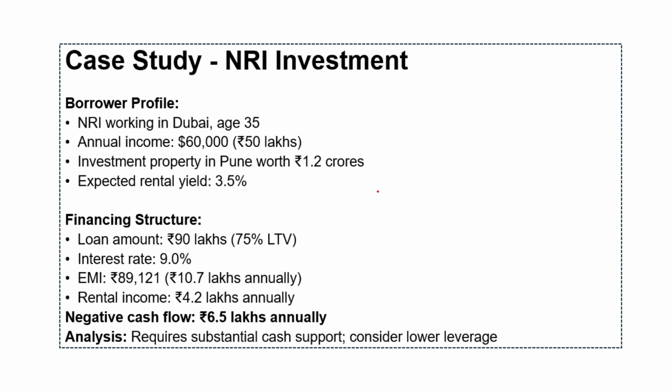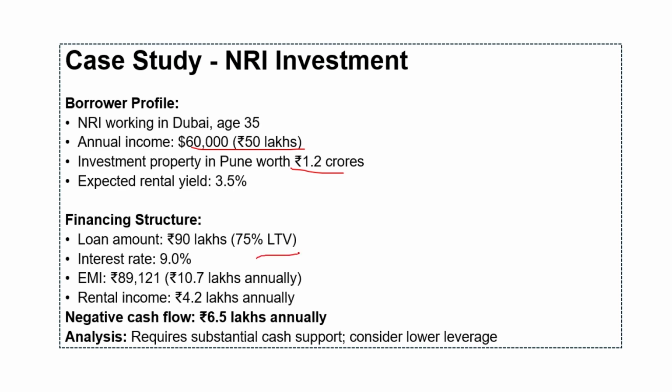This Dubai based professional earning $60,000, around 50 lakh rupees, represents a typical middle management NRI income level, sufficient for property investment but requiring careful leverage analysis. The 1.2 crore Pune property reflects NRI preference for tier 1 city real estate, offering potential appreciation and rental income.